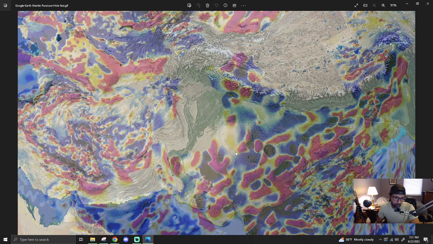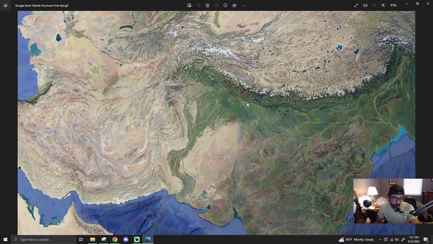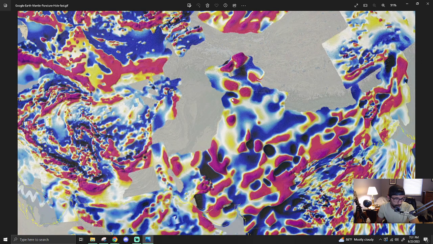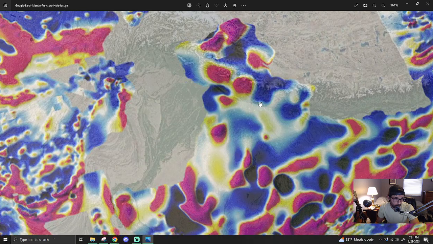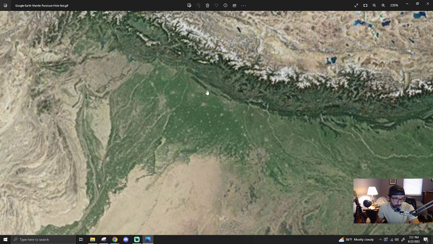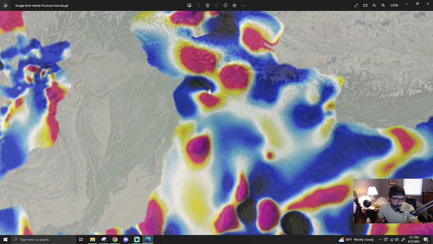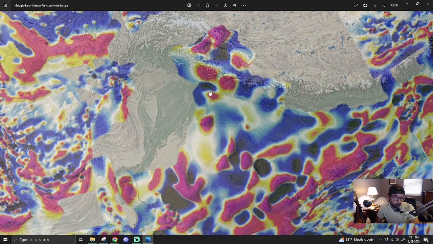Okay, let's move on from that, though. So there's that, and then this goes around. And then around here is where the Himalayas are. So we kind of see a flat face of this white portion here. Definitely a relationship to all of this.